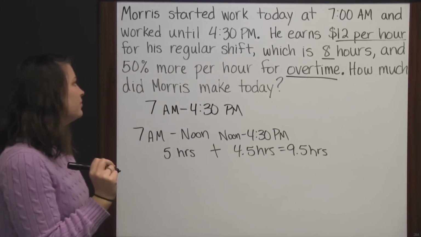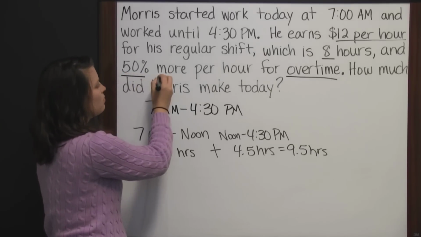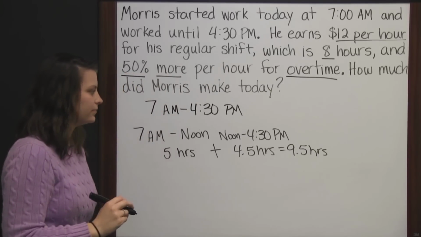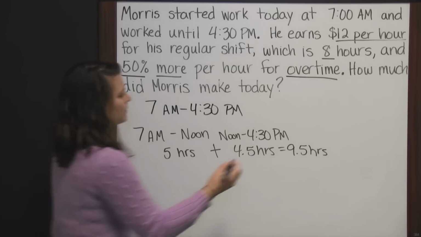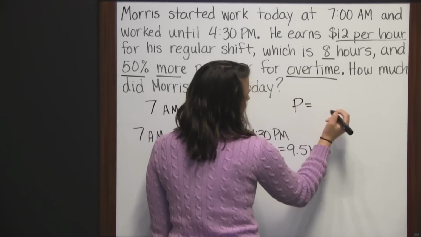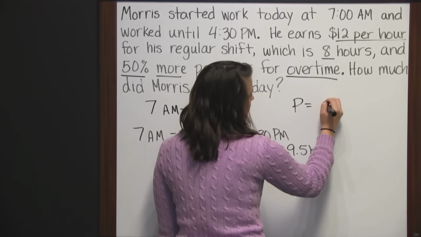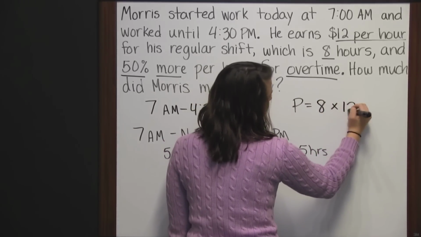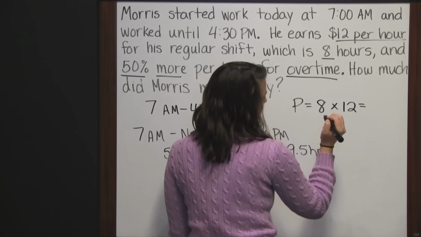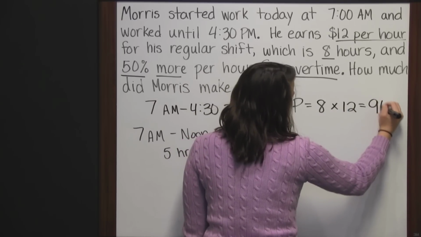And for overtime, he makes 50% more per hour. So his regular pay would be 8 hours times $12 an hour, which is $96.